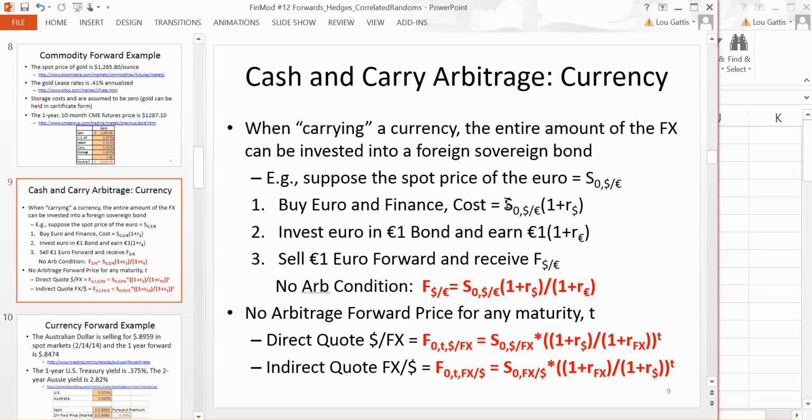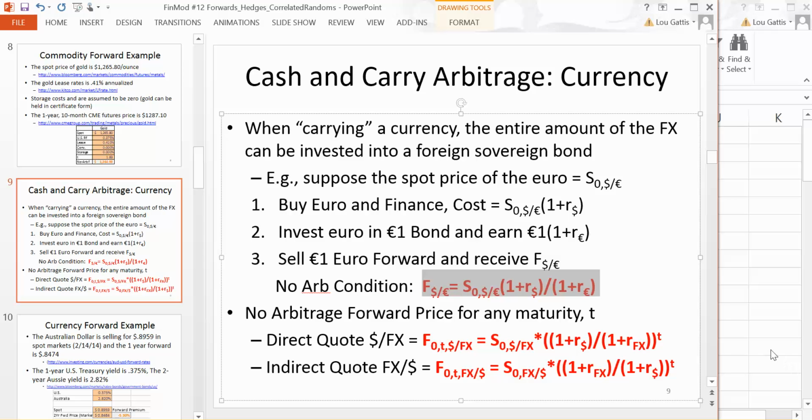So the asset I just paid S naught for, the price of a euro, is used to buy a euro, which is then invested at 1 plus the European risk-free rate. So my net cost of holding a currency is the spot price of the currency times 1 plus the US interest rate divided by 1 plus the euro interest rate, or the foreign interest rate.